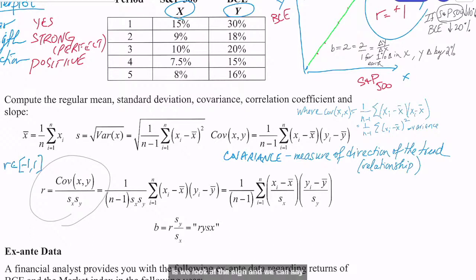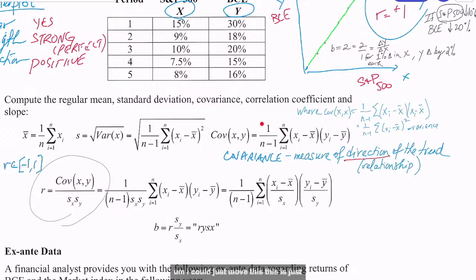All we would know is we look at the sign and we can say that's a positive or a negative relationship, but we won't know how strong that relationship is because we don't know how close everything is together. By standardizing it, we're able to scale it down to -1 to 1, and that helps us interpret. So it's pretty brilliant, actually. That's the relationship between those two, and these are different ways to see it. Mathematically, you can see how this happens.